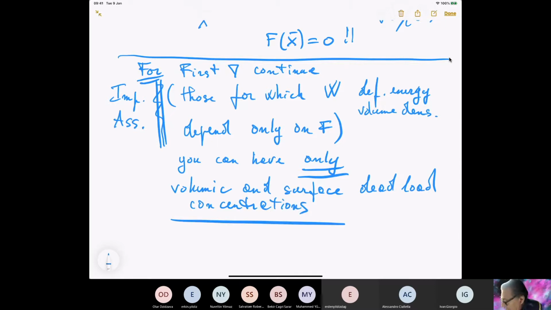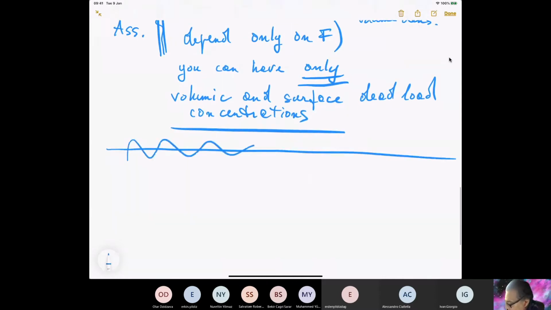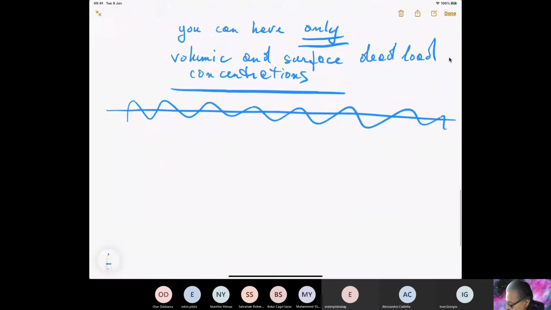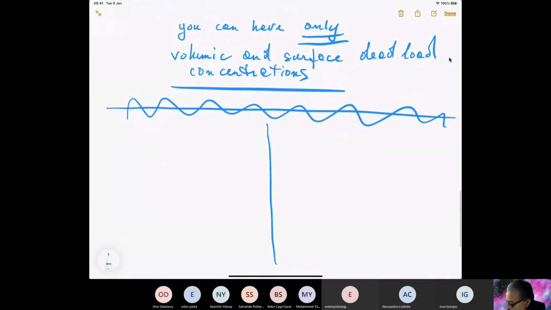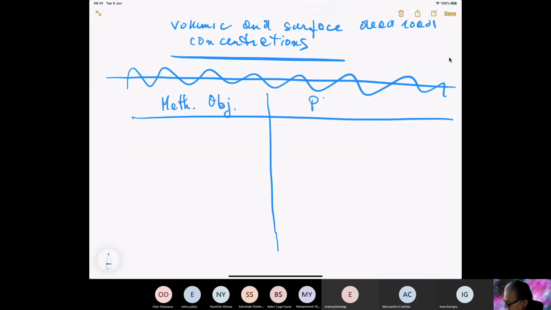So now, if you remember, we have spoken about, and this is the moment to go back to this point, we have spoken about the table made by every healthy philosopher of science. Here you have the mathematical objects, and here you have the physical objects.